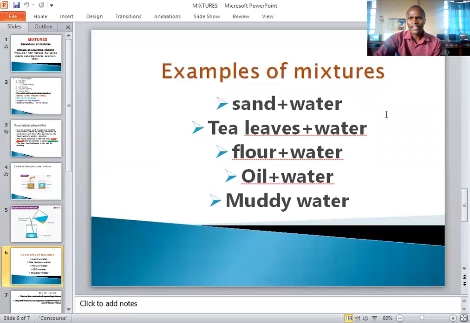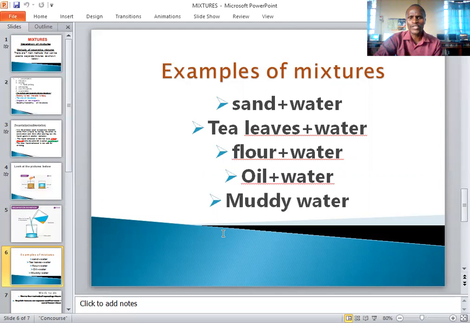Remember that this method can only be used when you want to separate insoluble solutes. For example, sand and water, tea leaves and water, maize flour and water.